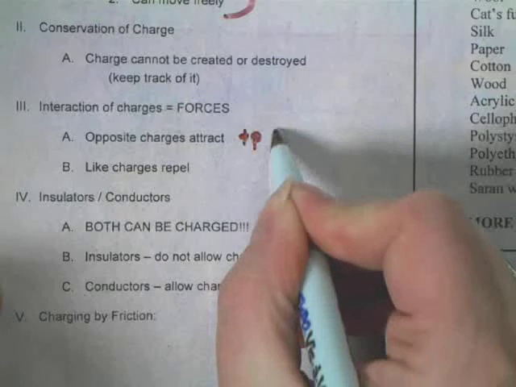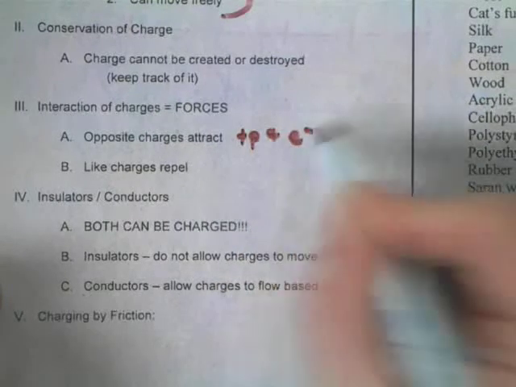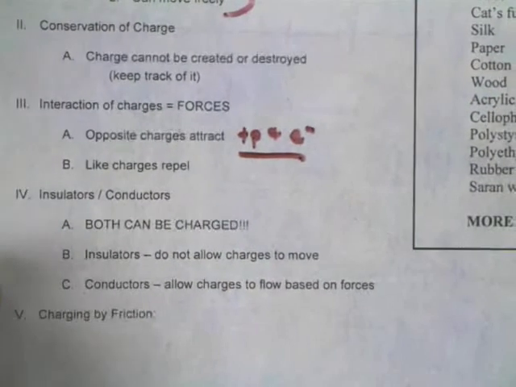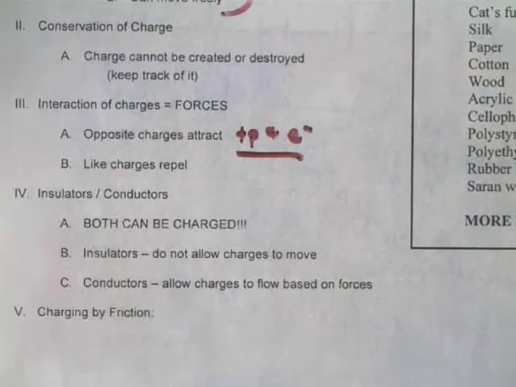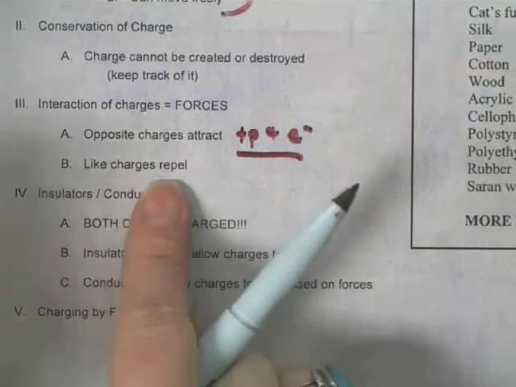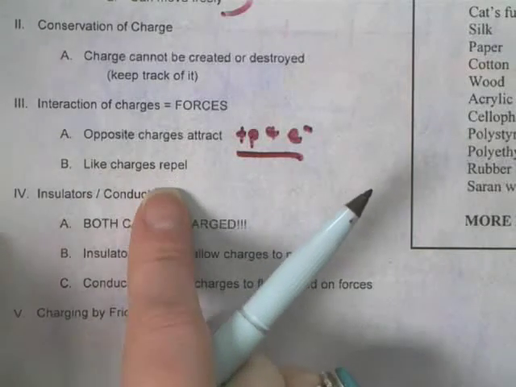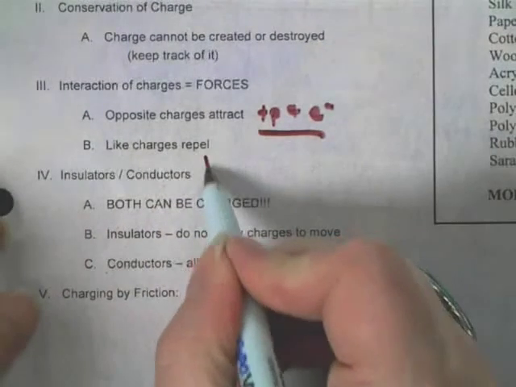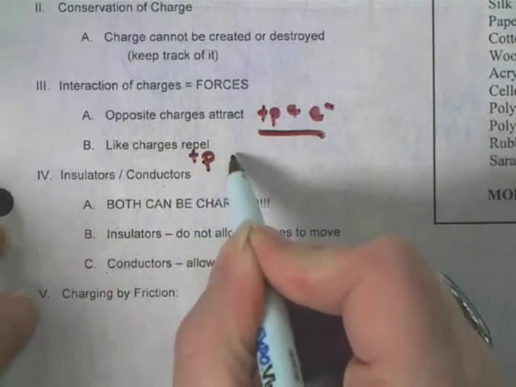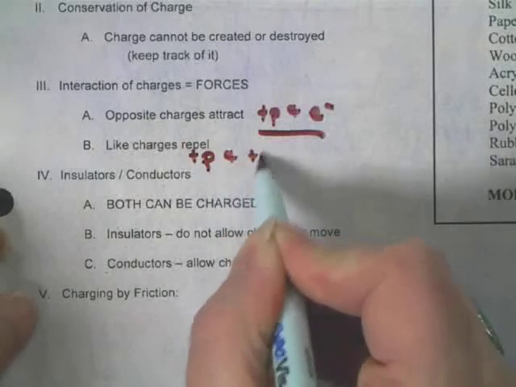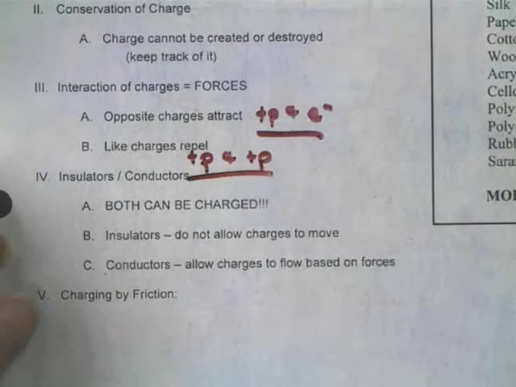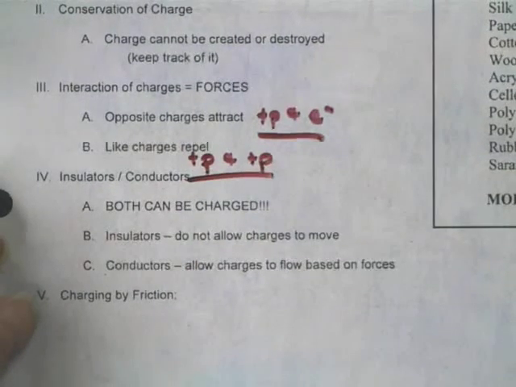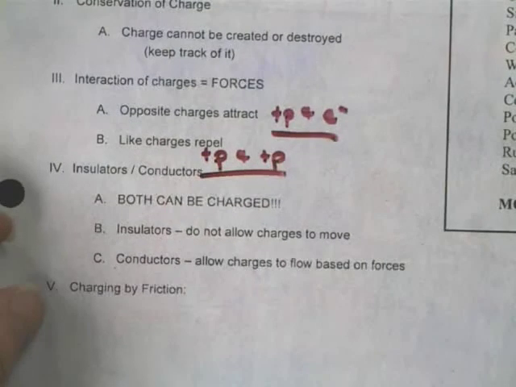So the protons and an electron would be opposites. They like to come towards one another. Likes repel. Well, what would be an example of likes that would be repelling in this unit? Two protons. So a positive proton and a positive proton. They would be repelling. They try to go as far away from one another as they can.